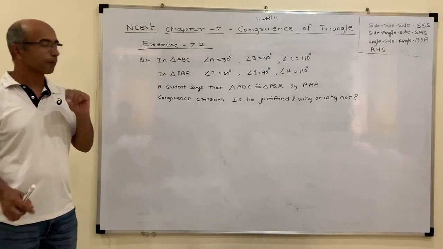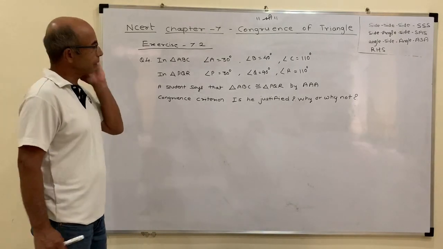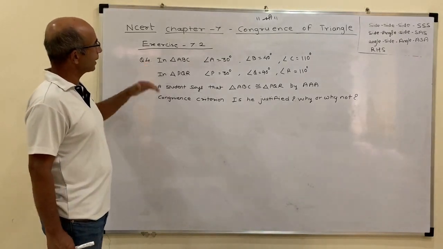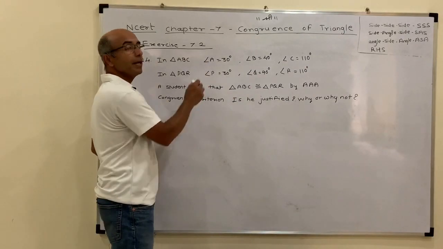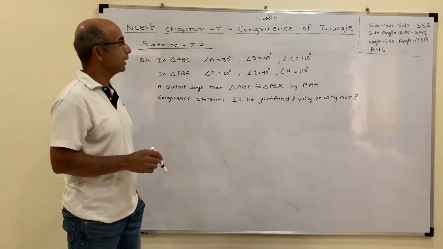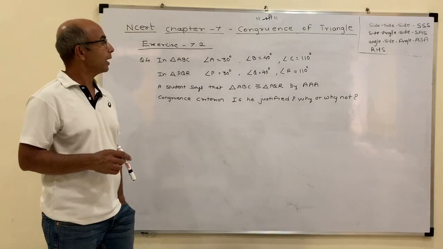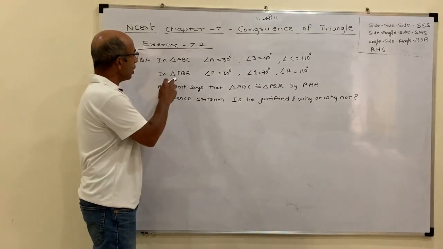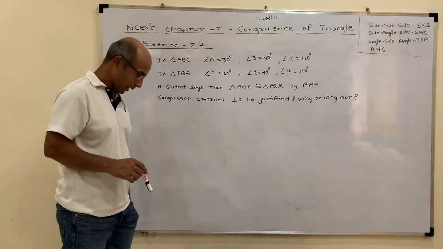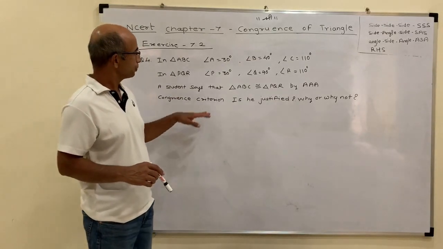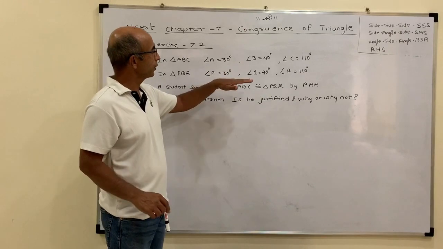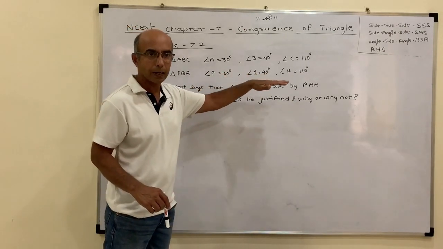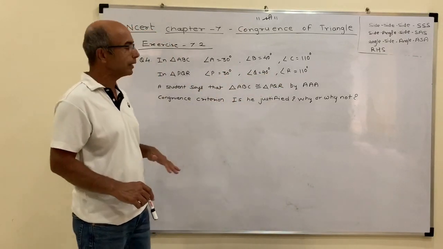Question 4, a very important kind of question. In triangle ABC, angle A equals 30 degrees, angle B equals 40 degrees, and angle C equals 110 degrees. In triangle PQR, angle P equals 30 degrees, angle Q equals 40 degrees, angle R equals 110 degrees.